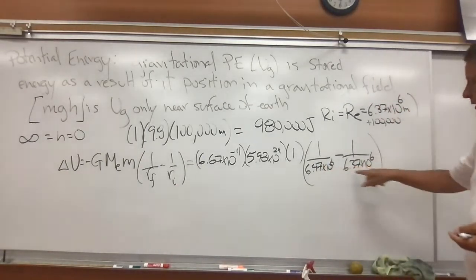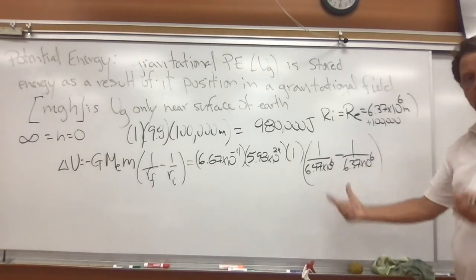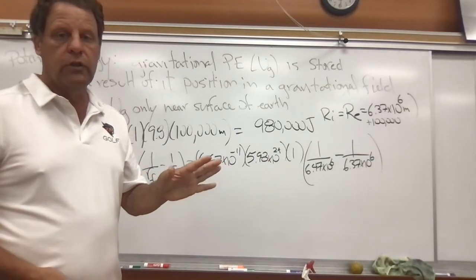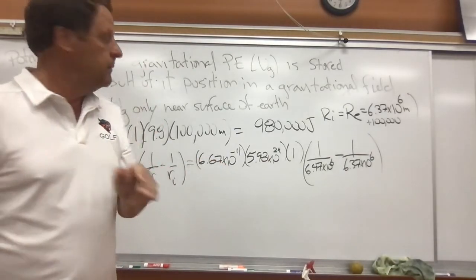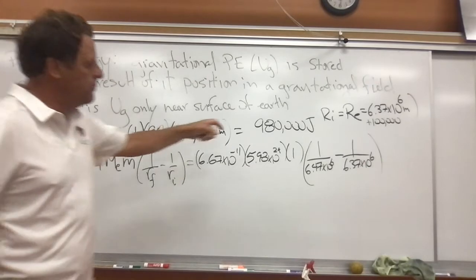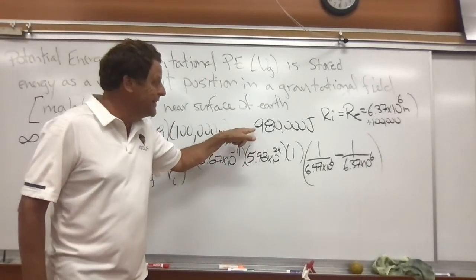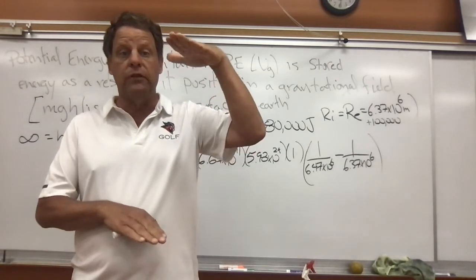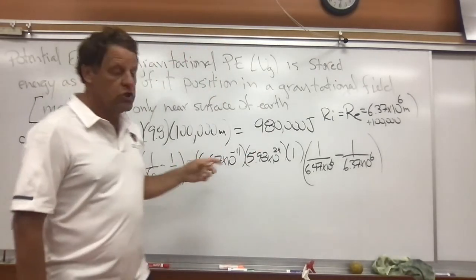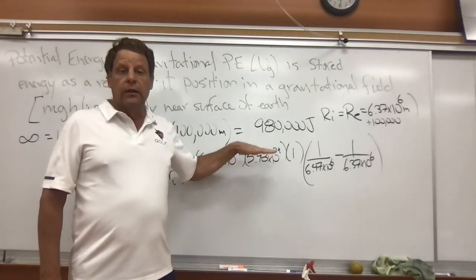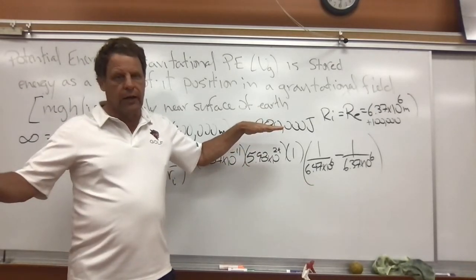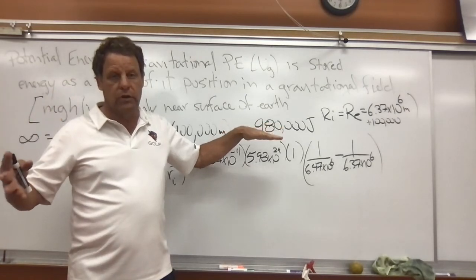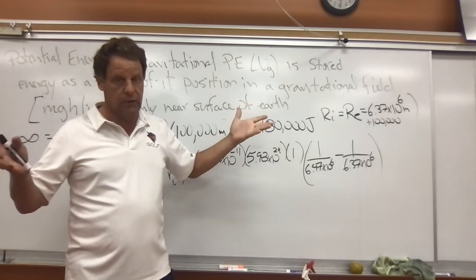So now we can see, looking at these two numbers, they do not look hugely different, but they are different, right? So we should end up with something that's less than 980,000, because that's if g stayed constant. And we know that g is getting less and less, but even at 100,000 meters or 100 kilometers, the difference is not huge, but it's still significant.